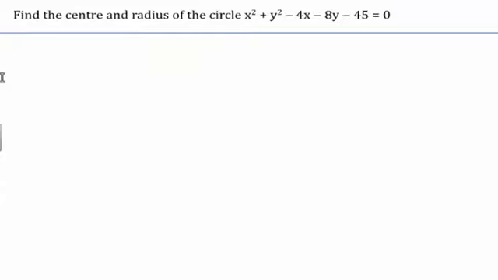In this question, we have to find the center and the radius of the circle, whose equation is x square plus y square minus 4x minus 8y minus 45 is equal to 0. Let's begin with the solution.